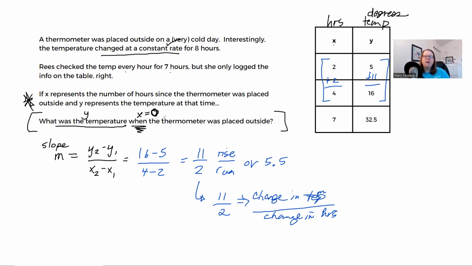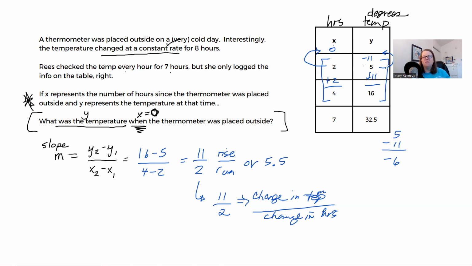So think about how we can use that to figure out when it was at 0. We need to back up to 0, right? So we're going to back up 11, right? So 5 minus 11. Well, we know that those are different signs, so we would subtract, and the sign of the bigger number is negative, so -6.